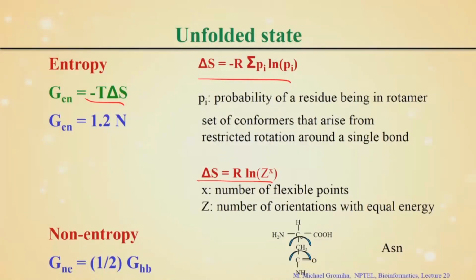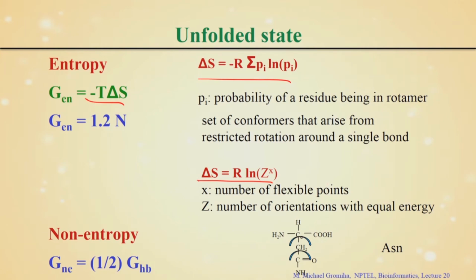How many conformations can each atom take? Or you can use the equation delta S = R ln(z^x), where x is the number of flexible points where we can rotate, and z is the number of orientations at equal energy, the places where you can have the orientations. Using these equations you can calculate T delta S. This is due to entropy.